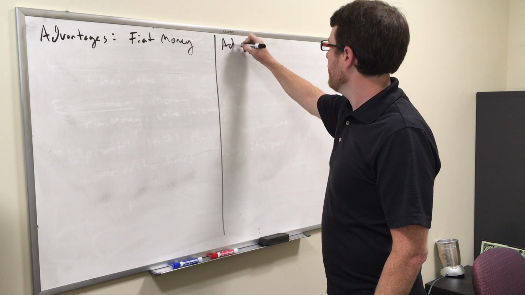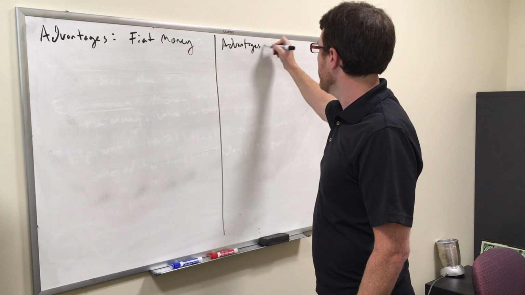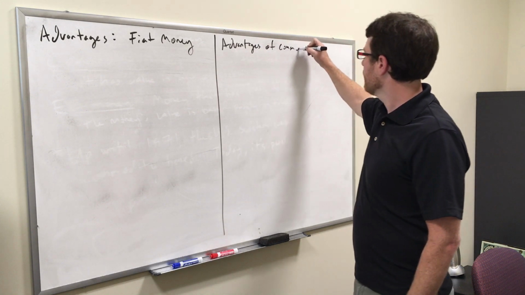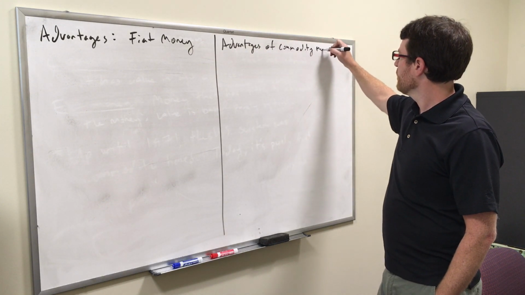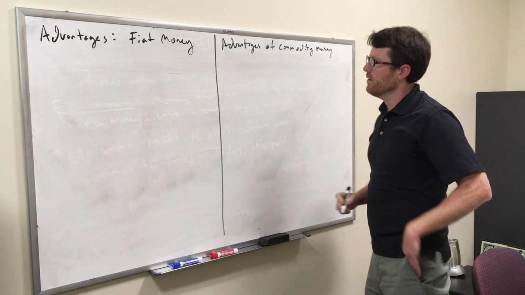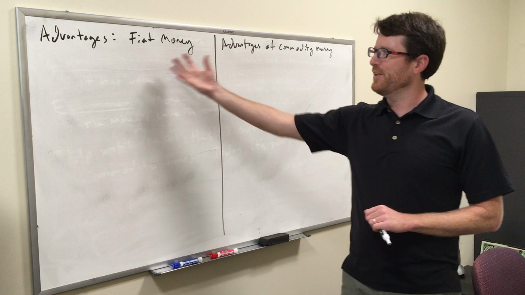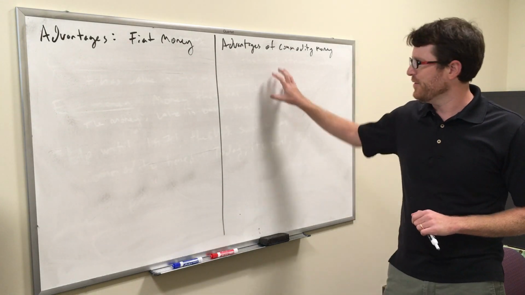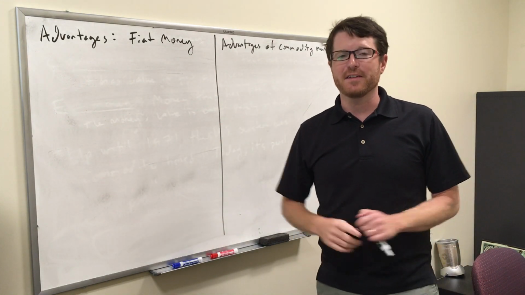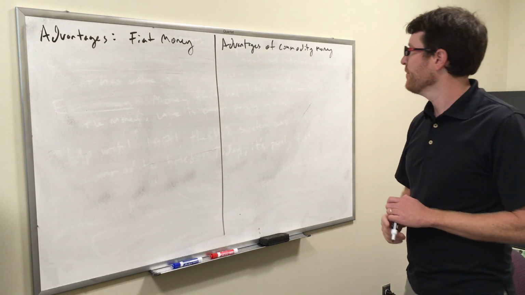And on the right, let's think about the advantages of commodity money. And of course, the advantages of commodity money are also the disadvantages of fiat money, right? If it's here, that means fiat money is not getting to take advantage of those benefits.